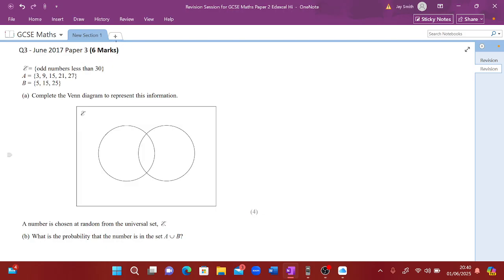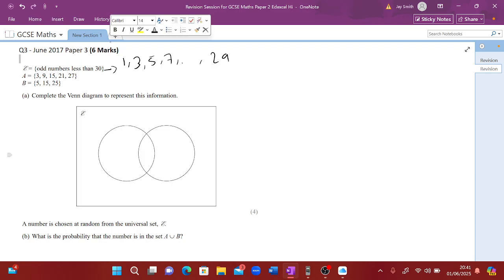This fancy calligraphy symbol means every single thing we must consider. Here, odd numbers less than 30. That means we have to consider the numbers 1, 3, 5, 7, and so on to 29, the last odd number less than 30.